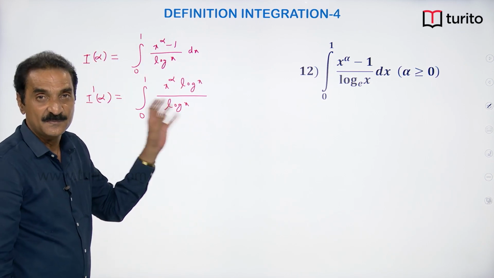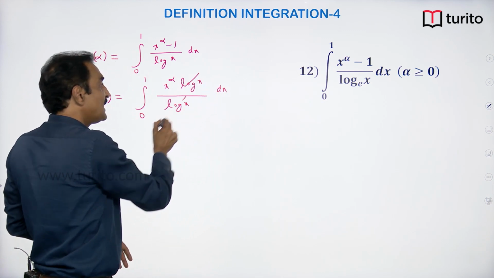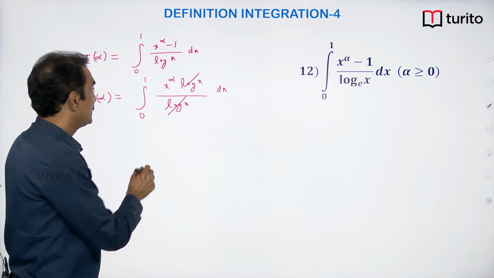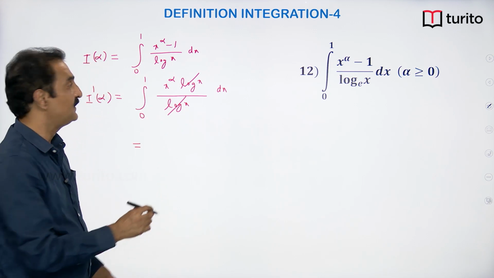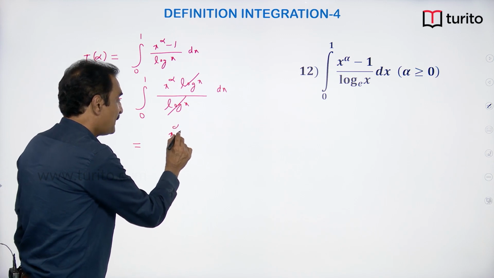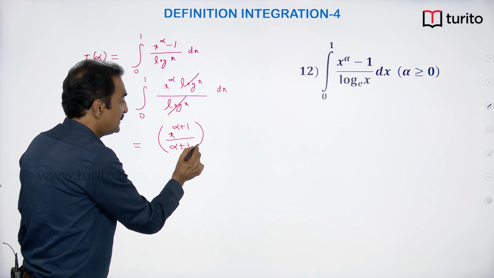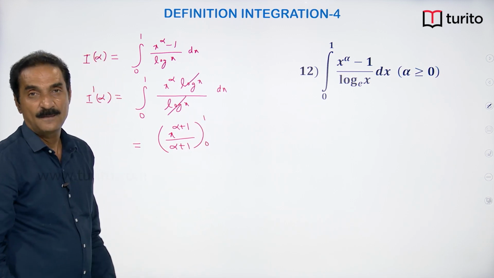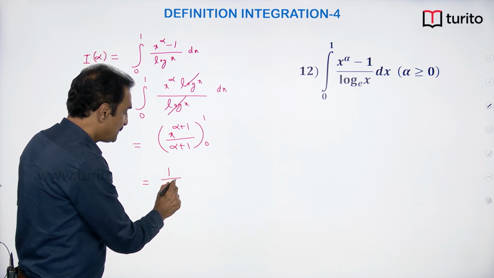We are differentiating with respect to alpha, dx, log x cancels, then integral 0 to 1 x power alpha will be x power alpha plus 1 by alpha plus 1 between limits 0 and 1. Substituting the limits, you will get 1 by alpha plus 1.